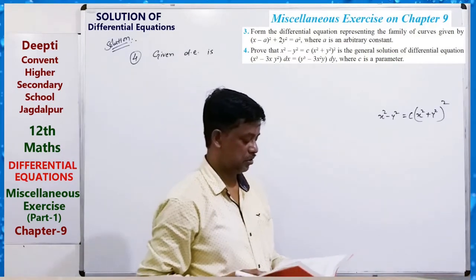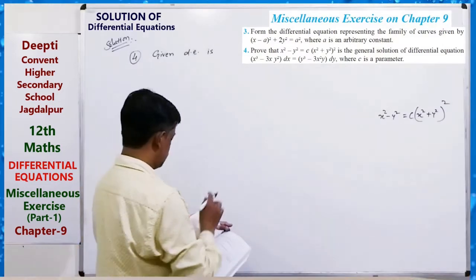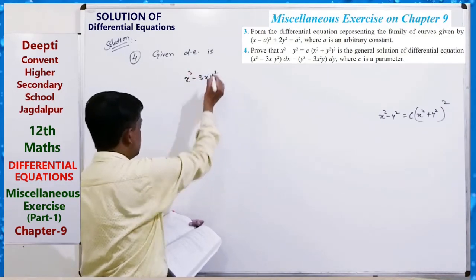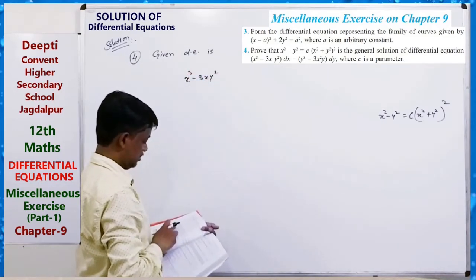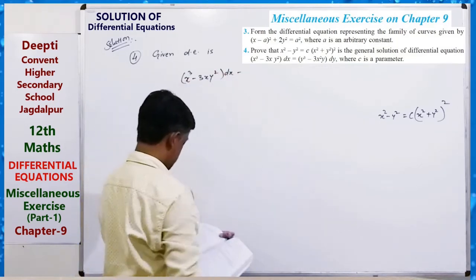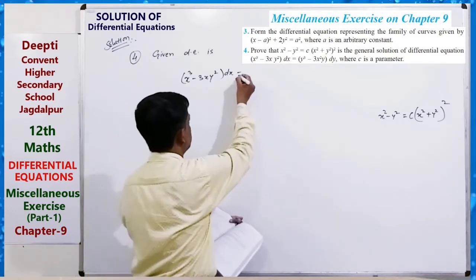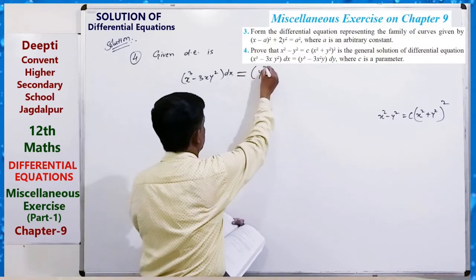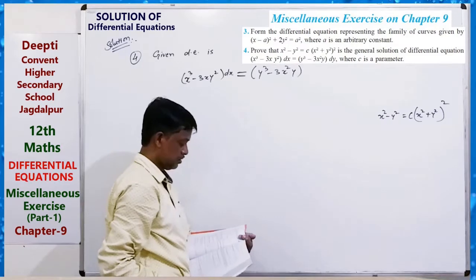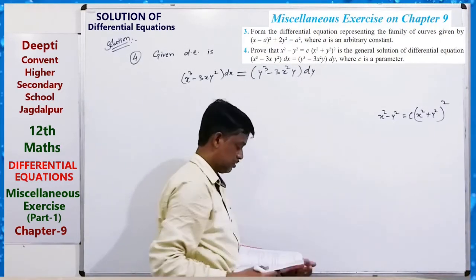This is the general solution of the differential equation x cube minus 3x y square dx plus y cube minus 3x square y dy. This is the given differential equation.